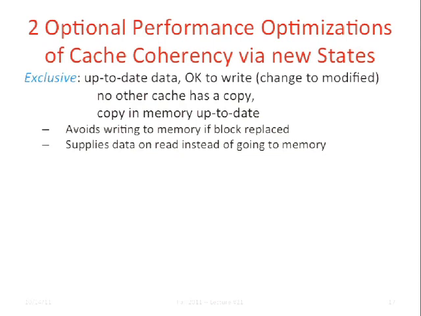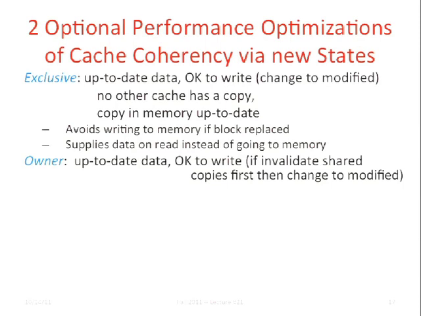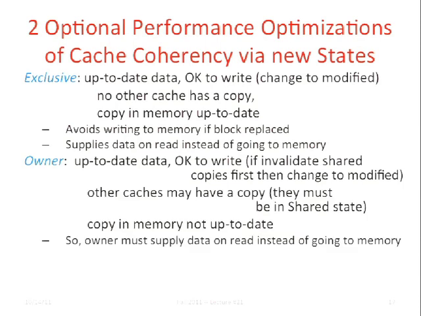So if you're the exclusive owner, you also have the option of responding to read requests. Owner is slightly different from exclusive. Basically, it says you have the up-to-date data. It's okay for you to write it, but the difference between exclusive and owner is that with exclusive, you know that no one else has a copy. Whereas if you're the owner, other caches might have a copy of it.